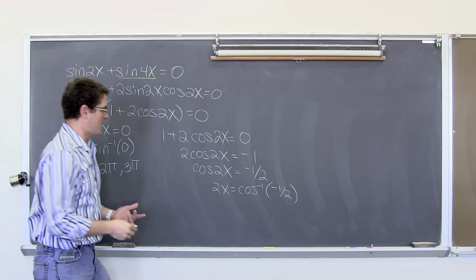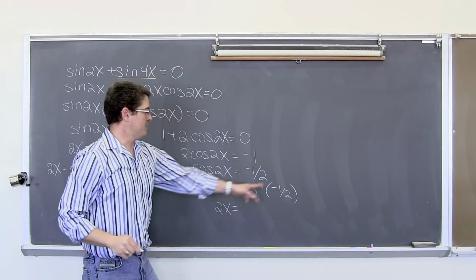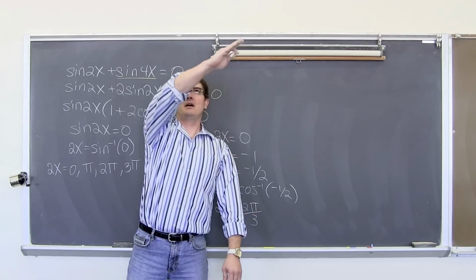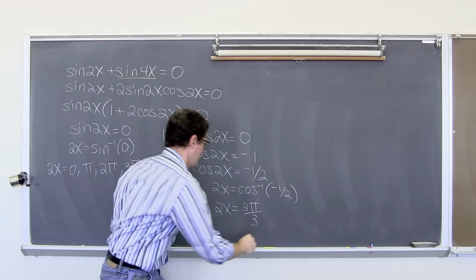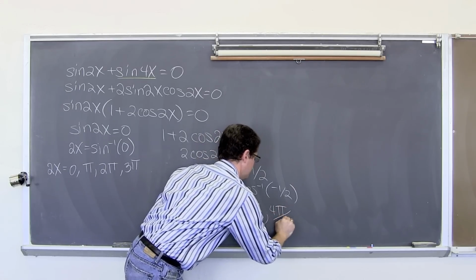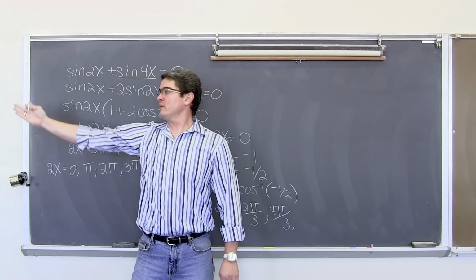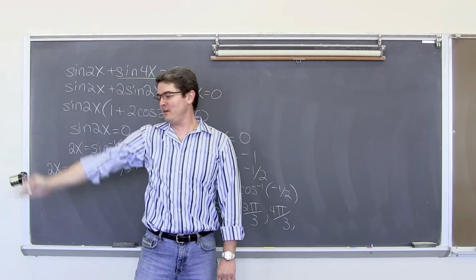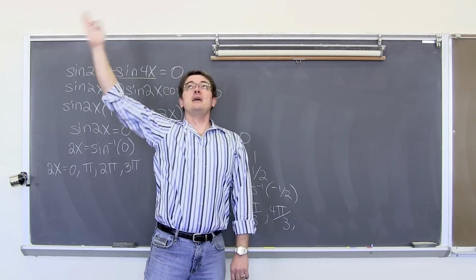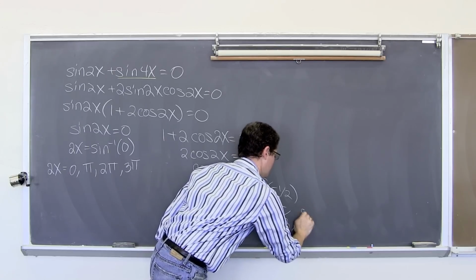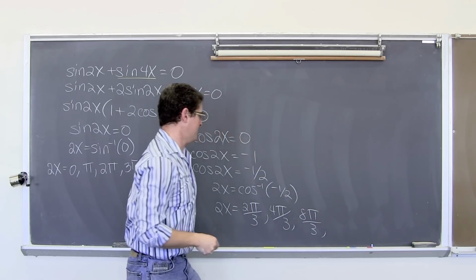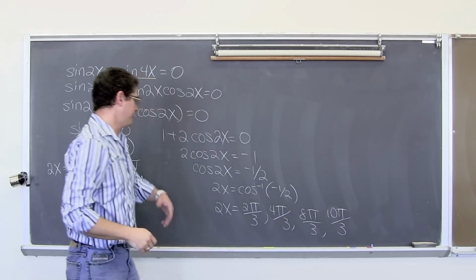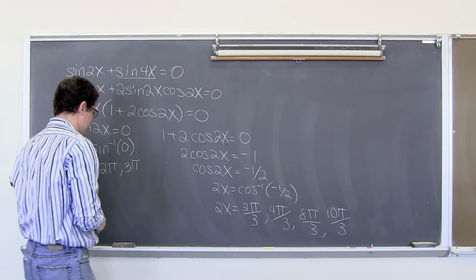Again, with going around the unit circle twice, that's 2 pi over 3, and 4 pi over 3, and 8 pi over 3. And finally, no, that'd be 10 pi over 3. Okay, run out of breath here.